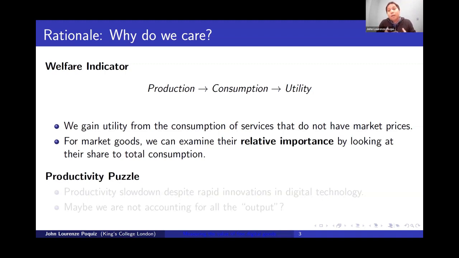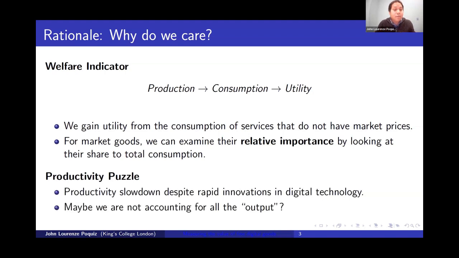If you want to know how important burgers are to our lives, we can look at burgers as a share of consumption. We can't do that for free digital services because we don't necessarily see, say, email as part of household consumption, and that makes it difficult to examine how much these things are impacting people's lives.